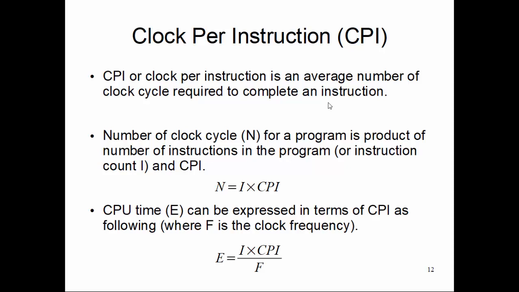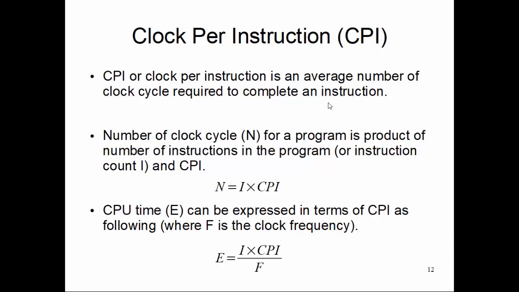But in real and other complex systems, not every instruction will need the same number of cycles. One instruction can take 5, another 10, another 20. So our first target is averaging out all the instructions and saying that is my CPI per instruction on average.